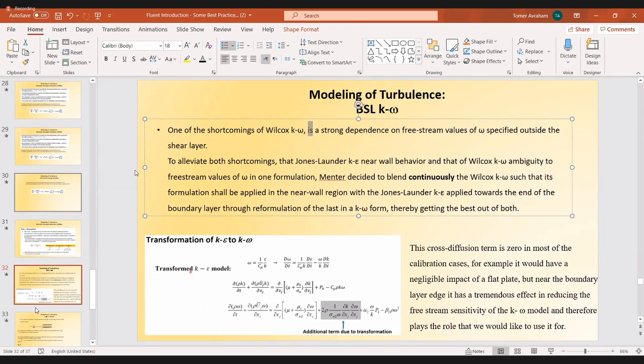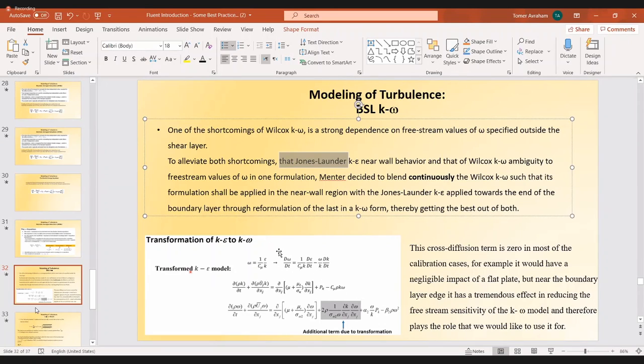To alleviate this shortcoming, what Menter did in 1992, while at NASA, it was not in ANSYS yet, he took the K epsilon near-wall behavior. He took actually both of the models and joined them together, but solving only a K omega model, meaning he transformed the K epsilon to a K omega.